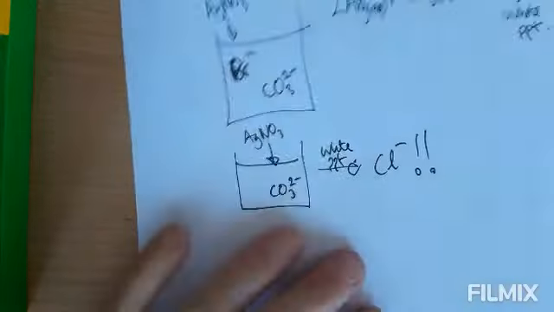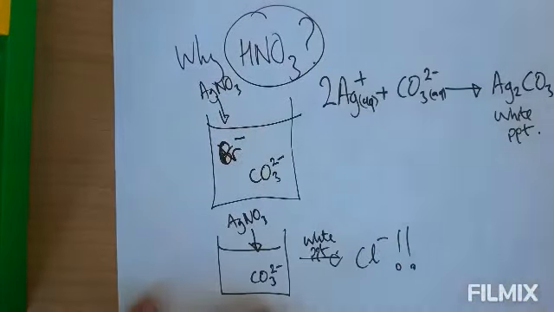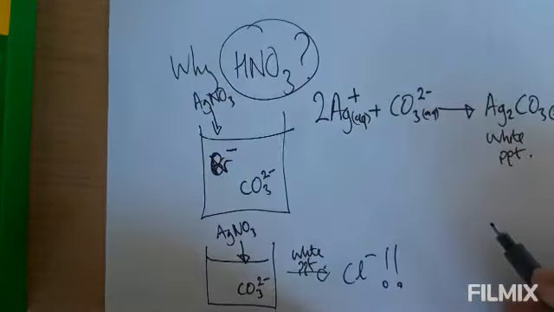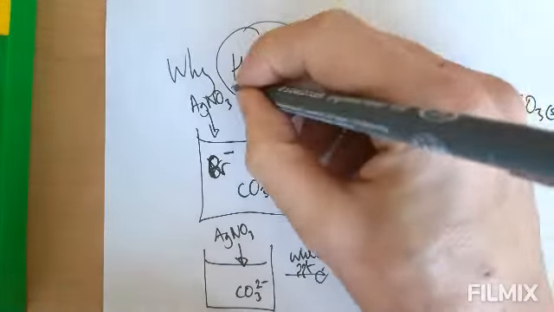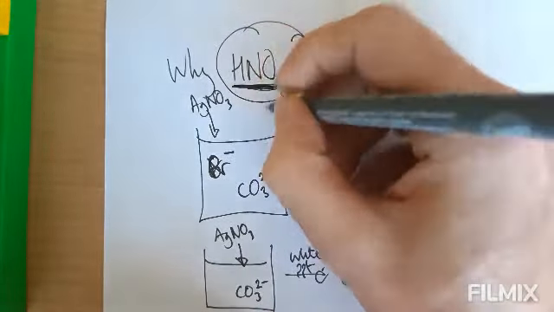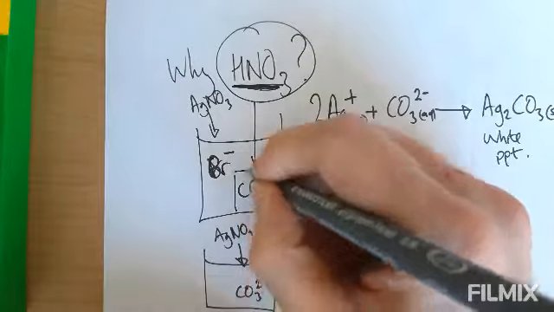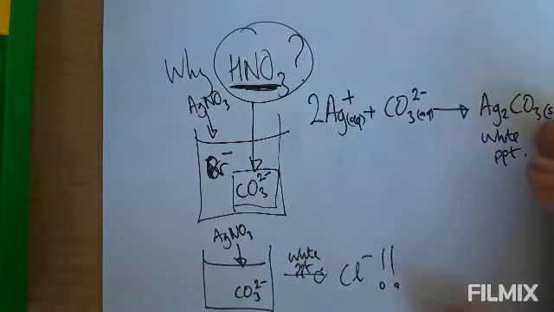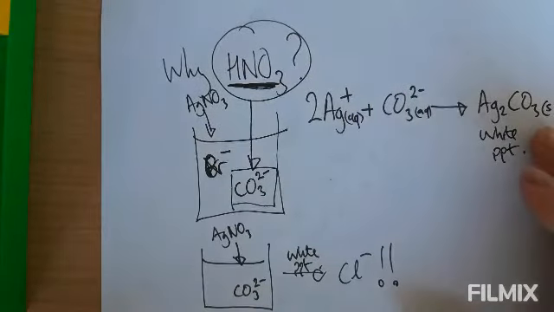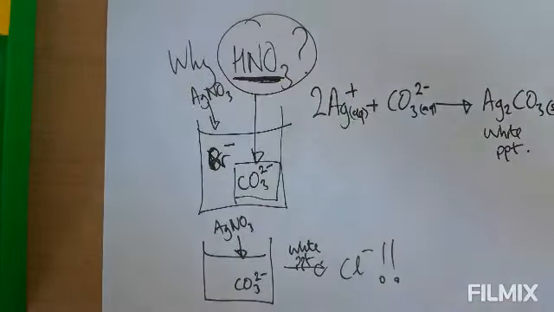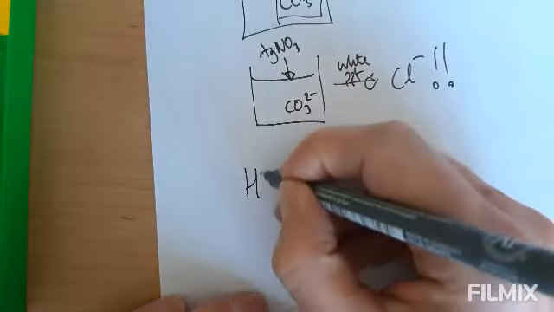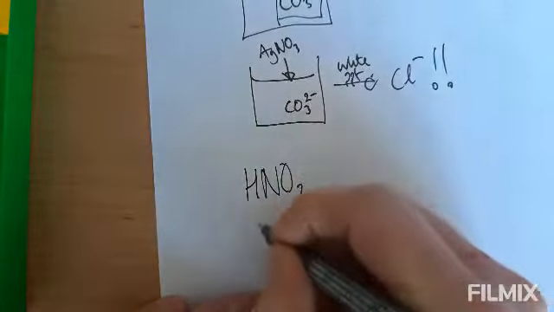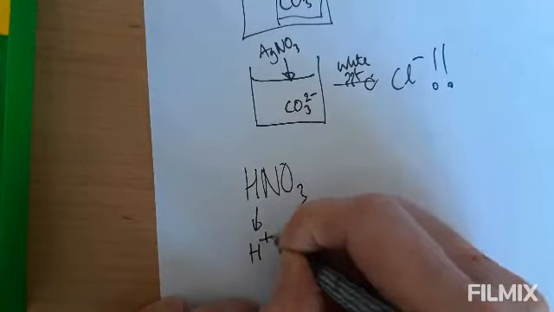So the question was, why do you add HNO3? And the reason is you add your HNO3 first because nitric acid, being an acid, reacts with carbonates. It fizzes them away. So if they ask you in an exam, why do you add HNO3? The reason is this, because HNO3 contains H+ ions.